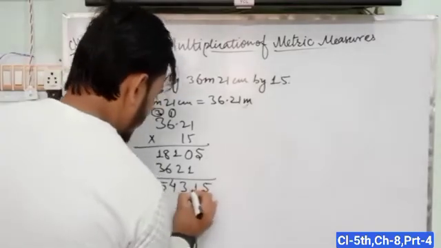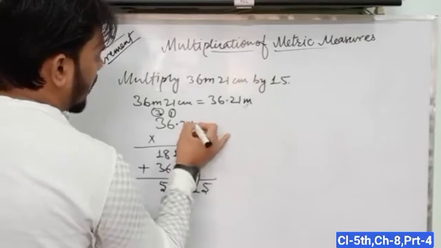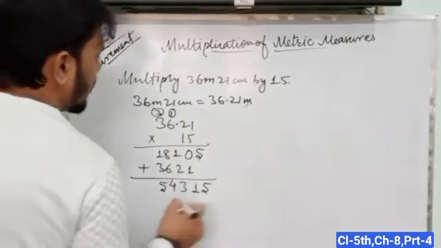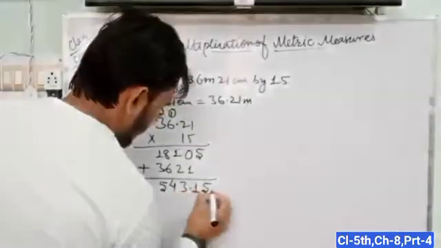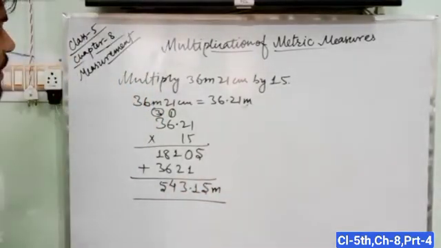So we have to put the decimal after 2 digits from the right side, so put the decimal here. So this is the multiplication.